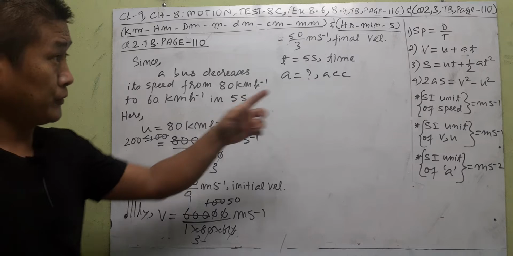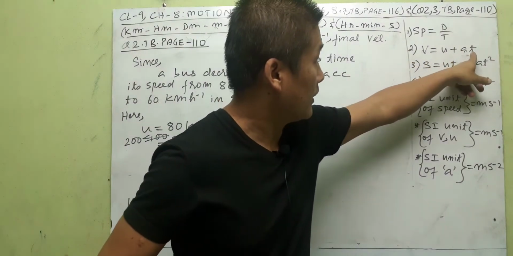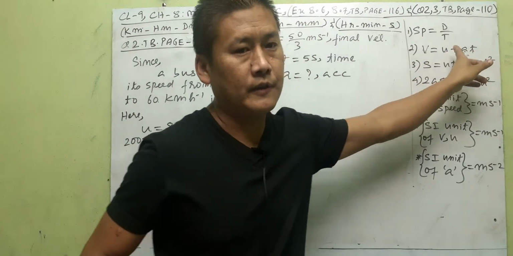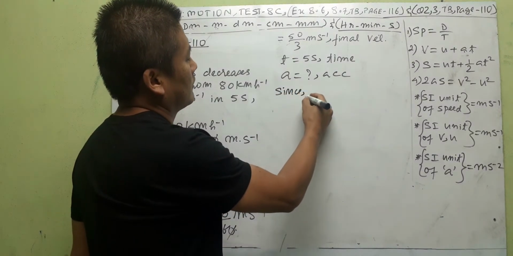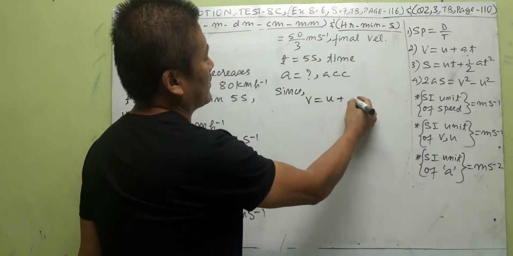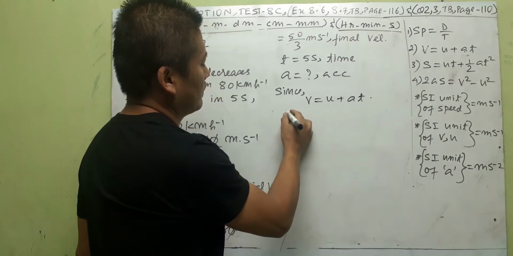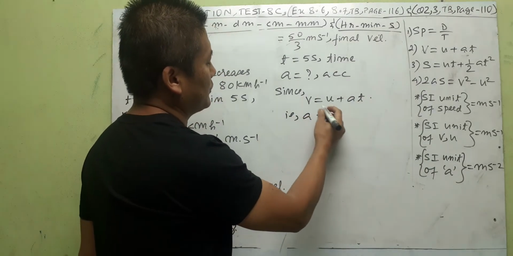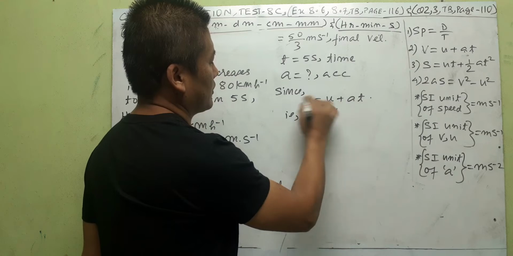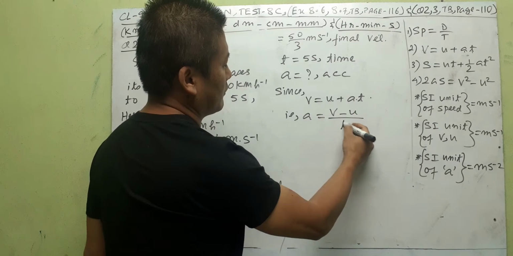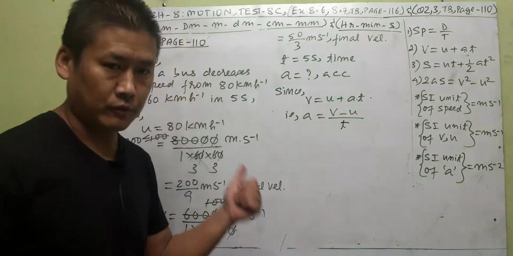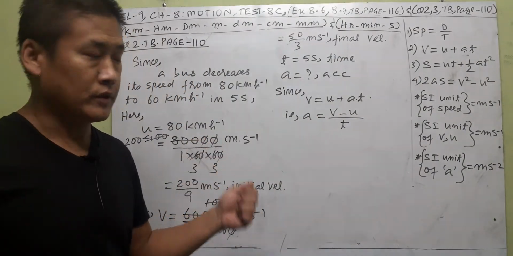So a equal to question mark is the acceleration of the bus. So here u, v and t are there, so we can easily use the famous equation for motion. So since v is equal to u plus at, we can manipulate this and write a equal to v minus u, t shifted means into will go down denominator. We've done this before, so we're just shortening the steps, okay?